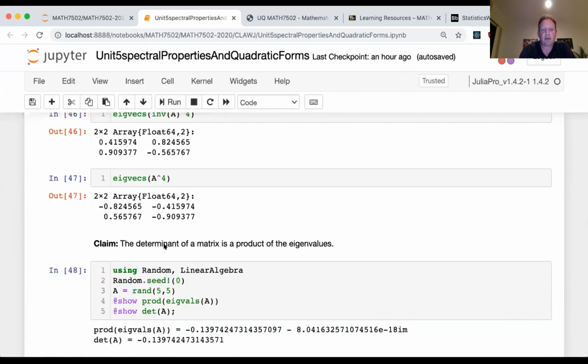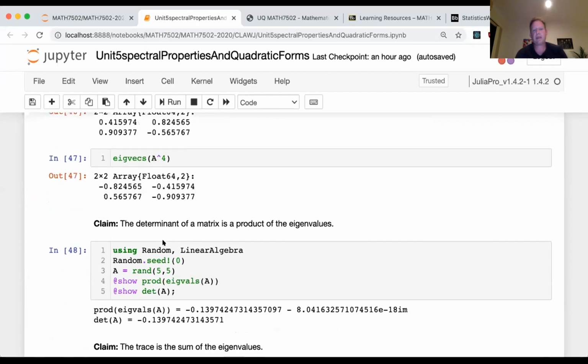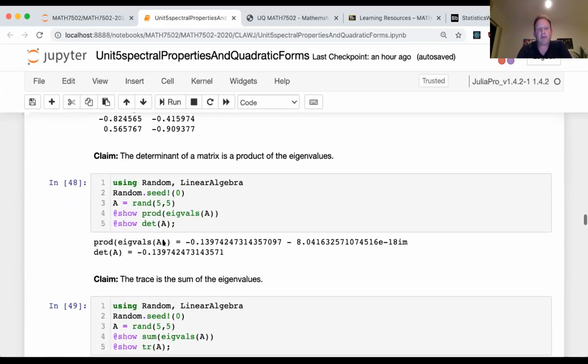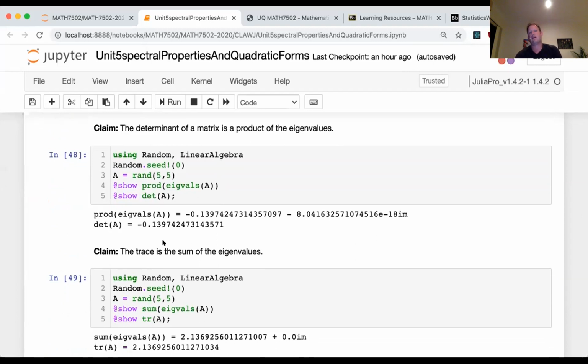You could look at inverse to the fourth and things like this. These two properties are super useful for 2x2 matrices. They're also useful for quizzes because they allow you to extend problems from 2x2 to 3x3, to 4x4, and so on.